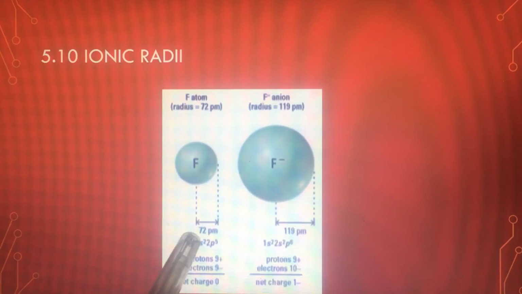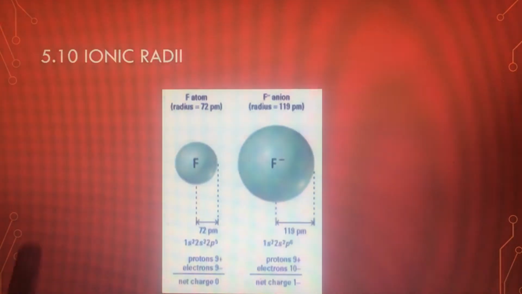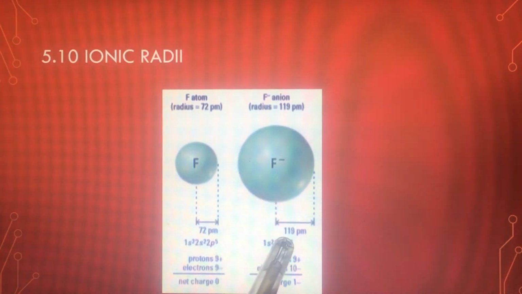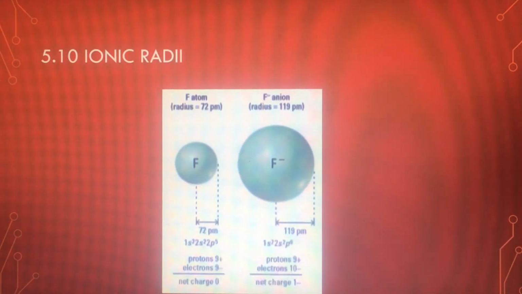As we can see, 72 picometers is the radius of the fluorine atom, while the fluoride ion has 119 picometers. In general, all anions will have a larger electron cloud, and therefore a larger ionic radius than the neutral atom. This is different from the generalization for cations.